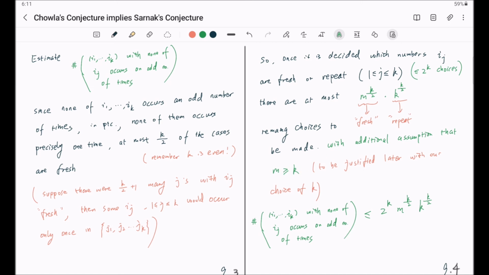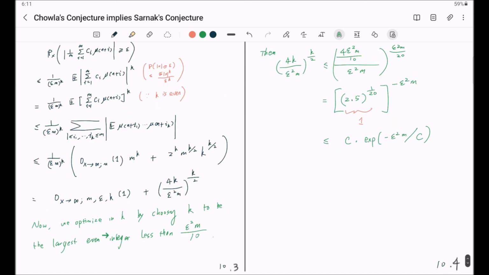So this assumption is guaranteed by our choice of k. So we are good. And now this k depends on m. We can remove this k as a variable here. We get this guy less than or equal to, and we are done, finally.